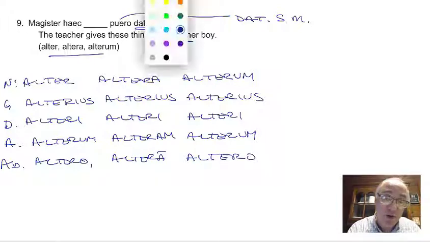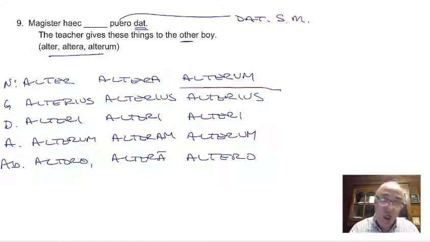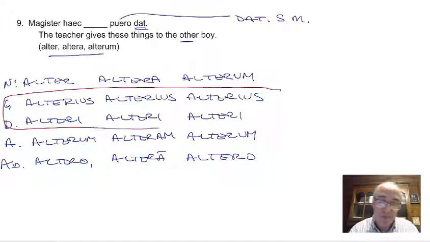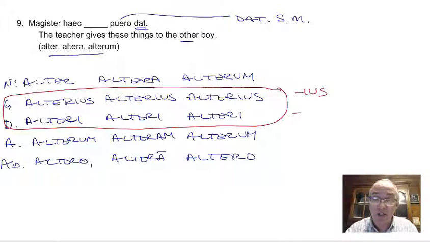But again, let me reiterate, in the genitive and dative, the genitive follows that ius pattern, the dative follows the i pattern. And that's the only place these adjectives are different. The only place at all.